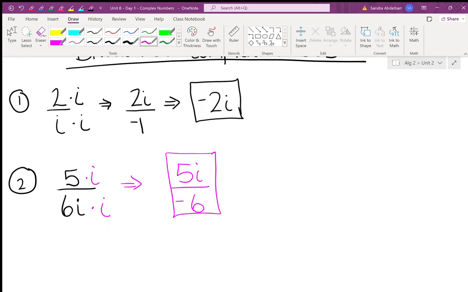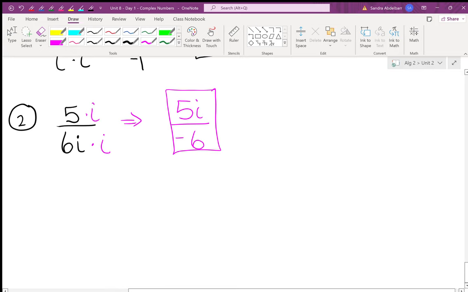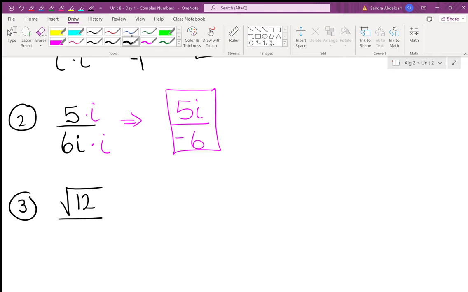All right, let's talk about conjugates now. Oh, actually, hold on. I'm not talking about conjugates just yet. All right, what did I tell you? Before you perform any operation, what must you do? Take the i out.